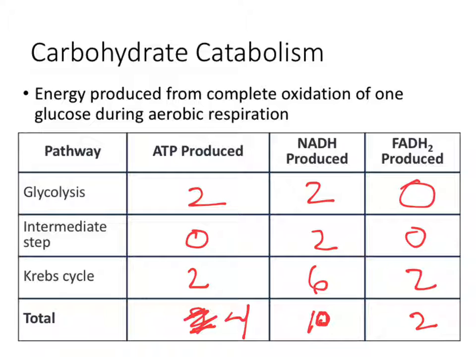Because if you take a look at the majority of what gets produced in this, we've got 8 coenzymes being reduced in this process here. So the ultimate goal of Krebs cycle is to take every single carbon from that molecule of glucose and completely oxidize it. That's where we get the CO2 in respiration from, is that oxidation of those carbon molecules.